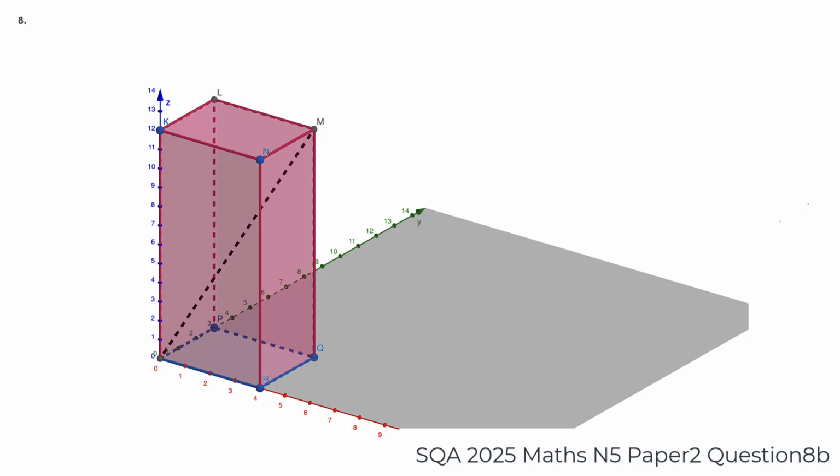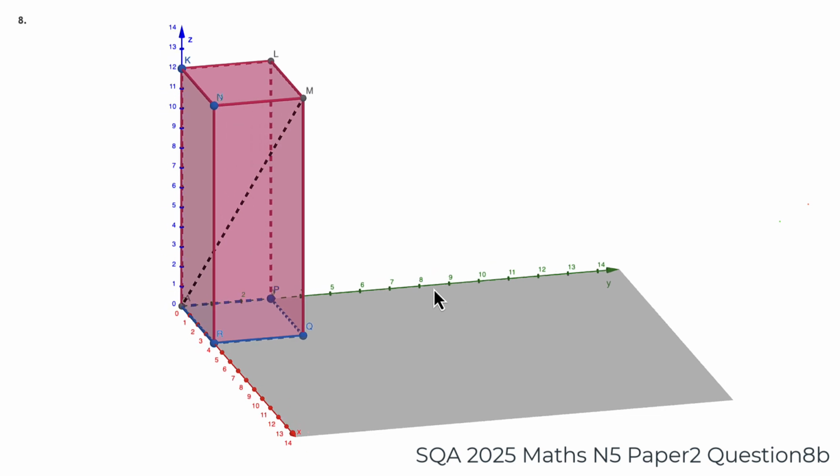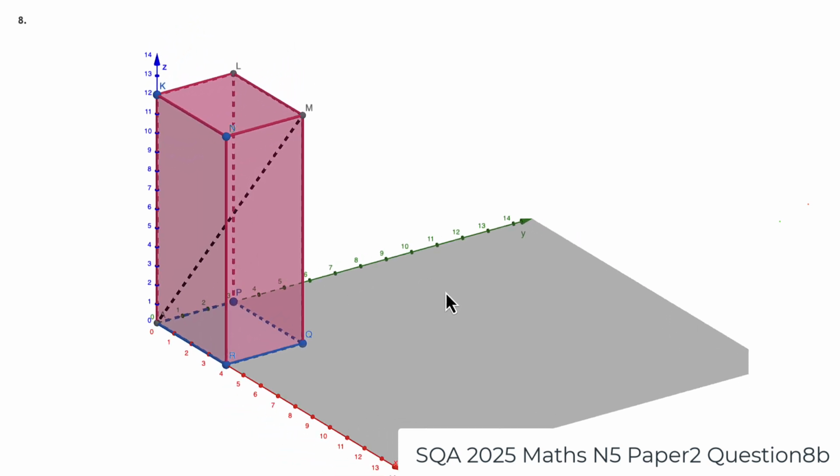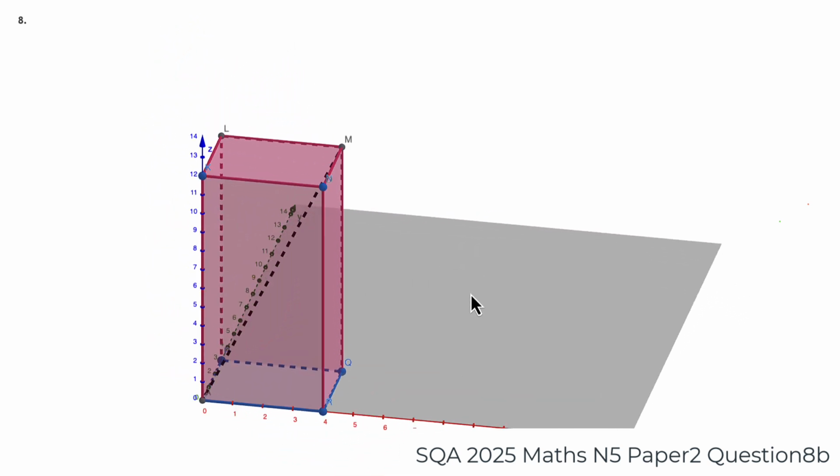Now here's the space diagonal that we're asked to calculate the length of. And it would be nice if we could see right-angled triangles that might help us. Obviously Pythagoras would be of use when we have right-angled triangles.